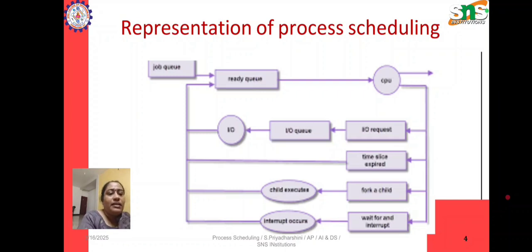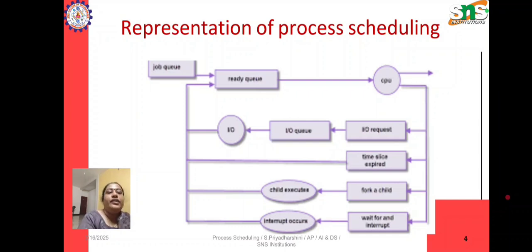Suppose there are some cases for process scheduling. Suppose a process requests an IO resource, then it will be sent to the device queue, and then it will wait till the IO execution is completed. At that time, it is again put back into the ready queue.